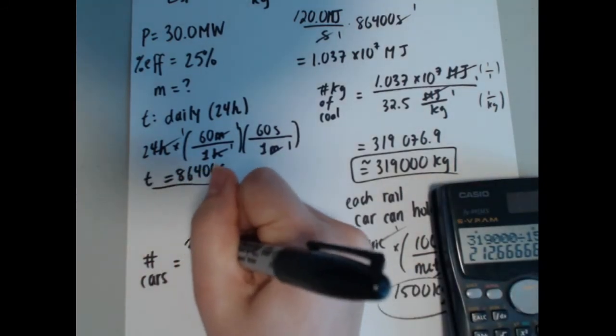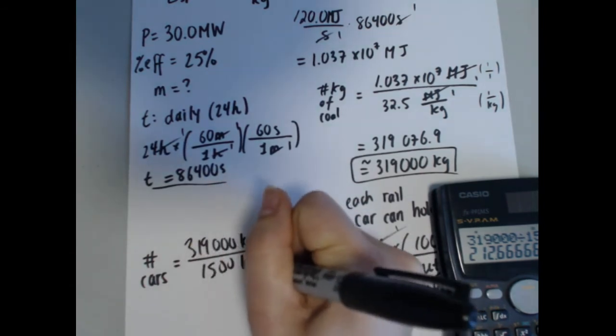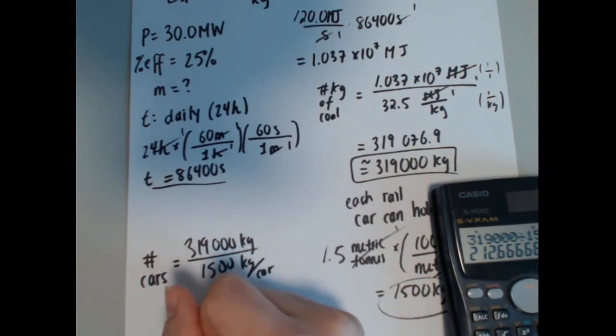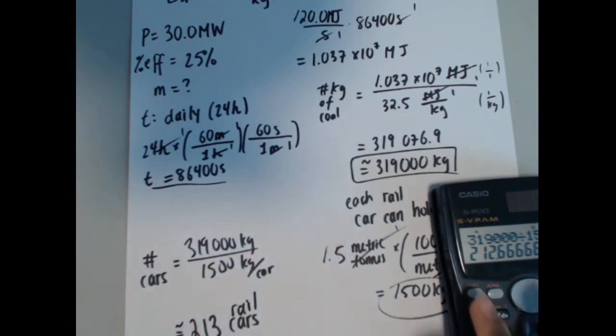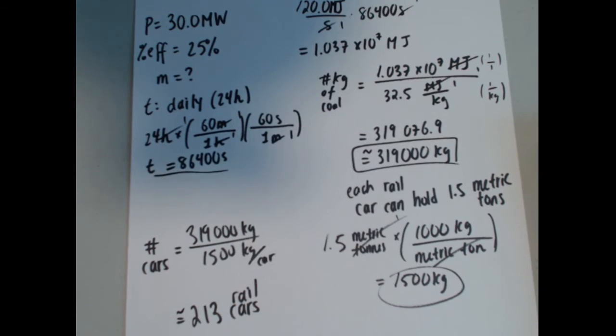So 319,000 kilograms divided by 1,500 kilograms per car is equal to, let's see, about 213 cars. And that's rail cars, by the way. That's a lot.